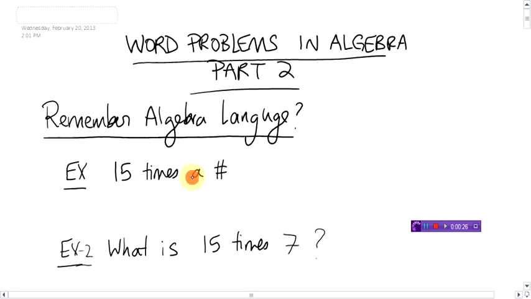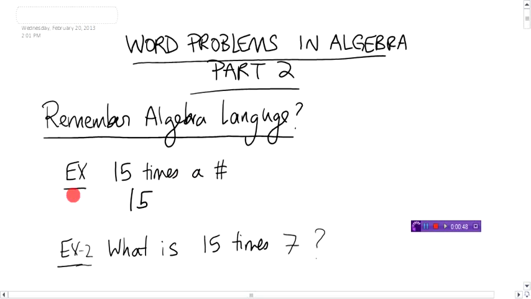If you had something like this, 15 times a number, hopefully most of you remember what this would look like in terms of algebra. There's no equal sign stated here, so it's just an expression. You could show 15 times a number with the multiplying sign if you wanted to, but we don't need to.